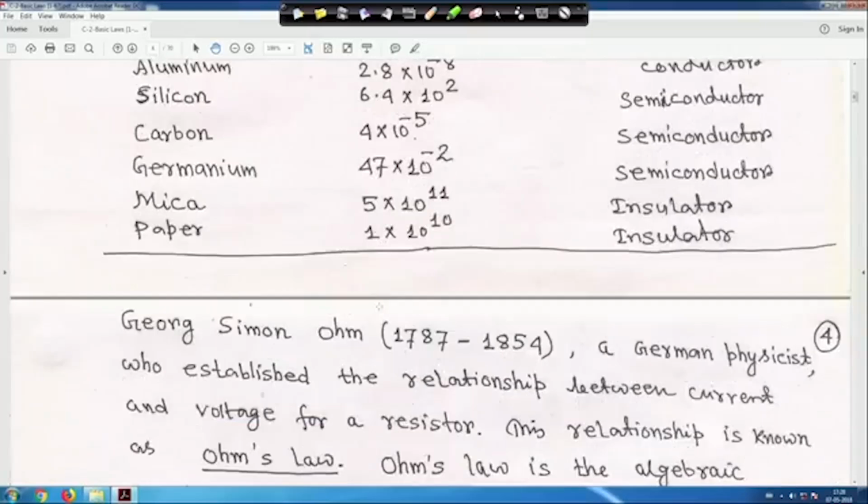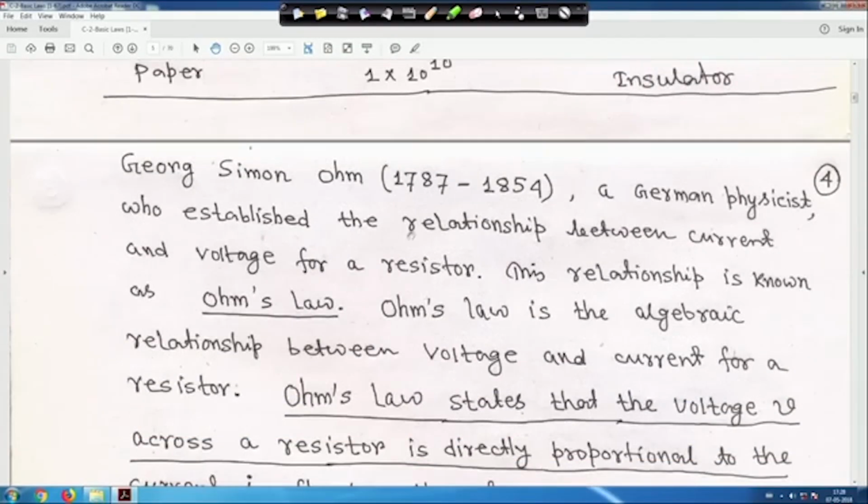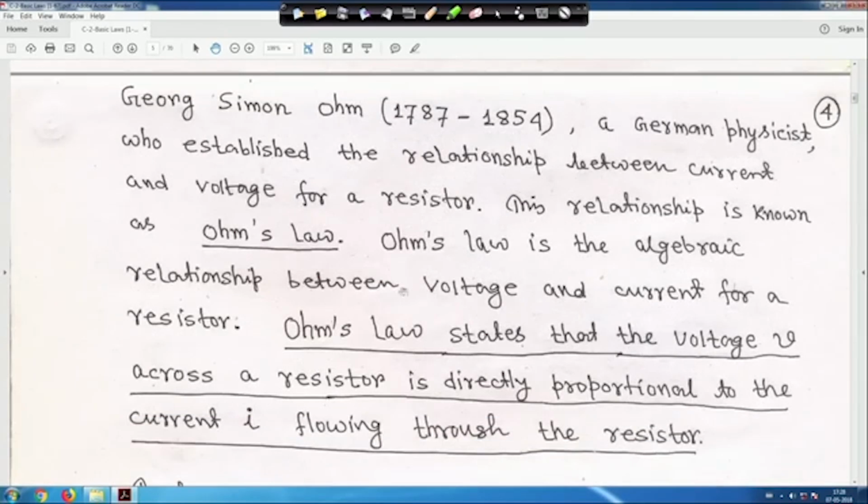Now, G. S. Ohm's lifespan was 1787 to 1854. He was a German physicist who established the relationship between the current and voltage for a resistor. This relationship is known as Ohm's law, the algebraic relationship between voltage and current for a resistor.